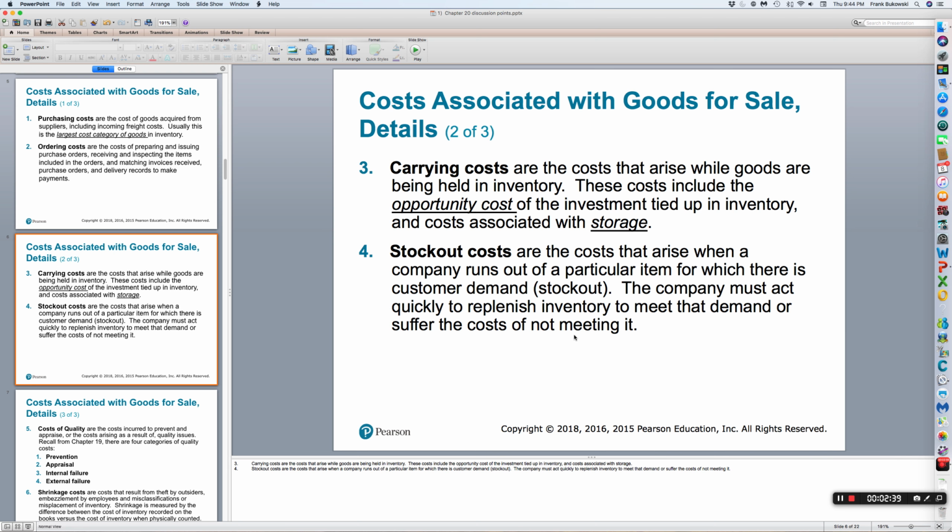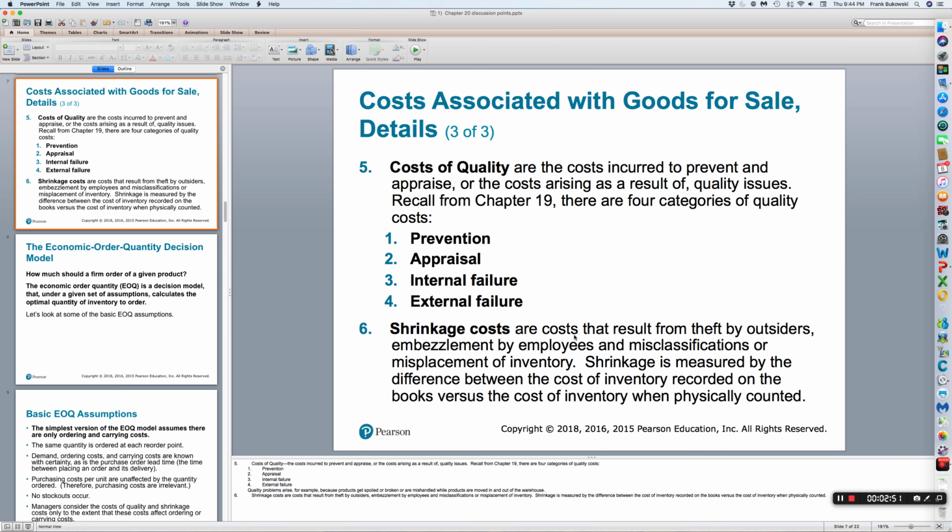Costs of quality then are costs that are incurred to prevent and appraise, or they're costs that arise as a result of quality issues. In Chapter 19, we talked about some of these quality costs that include prevention, appraisal, internal failures, and external failures.